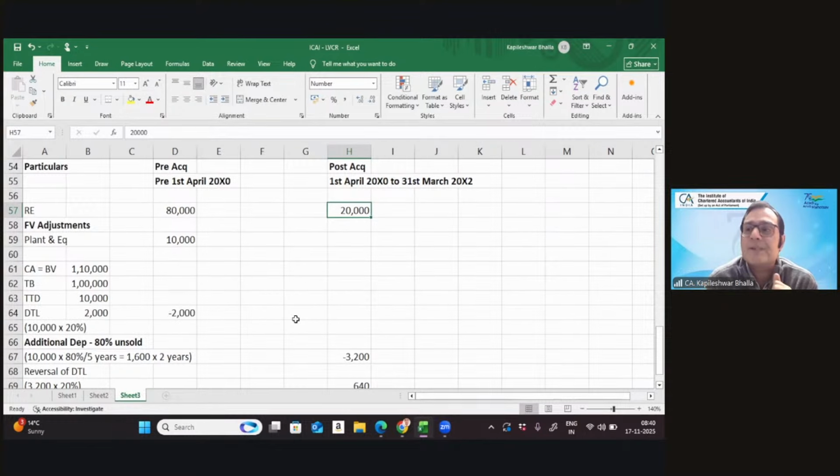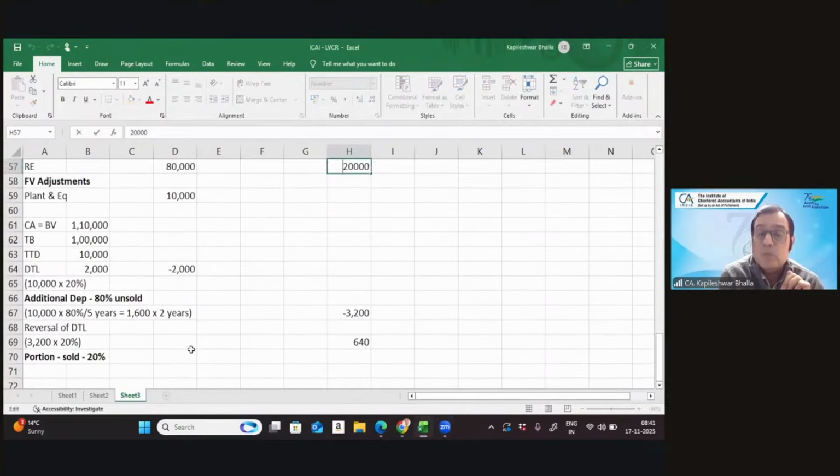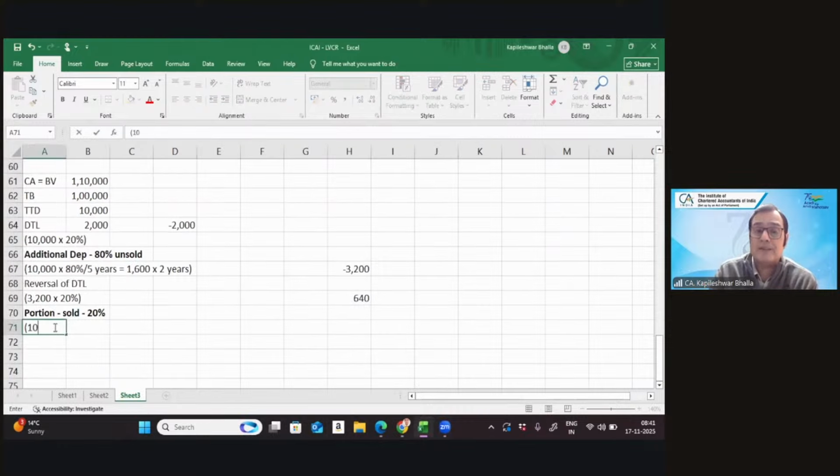Is my thinking correct? So what we need to do now is consider what that 20% is. So we can take out of this 10,000, we can take 20%, and this is going to be reversed out here in the brackets. That is a reversal.